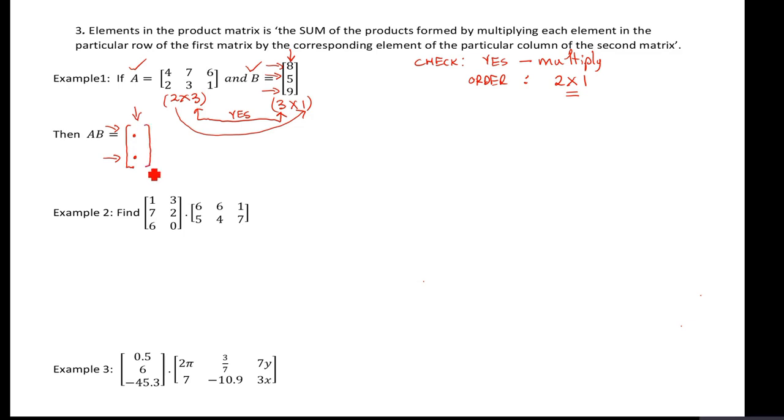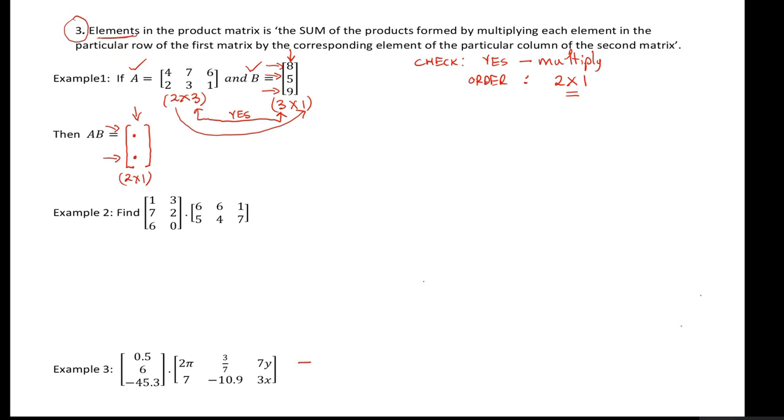That's how many elements I must have in the answer, because this is 2 rows, 1 column. That only gives me the order. Now, how do I get both of those entries? That's when I have to look at number 3.